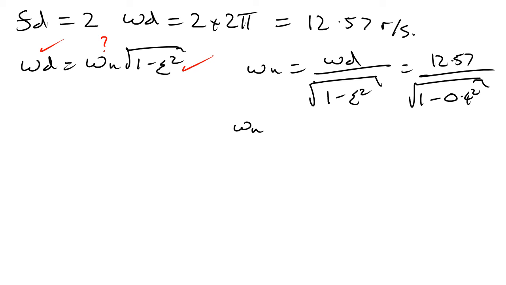So my omega n I calculate out to be 13.71, and again this is greater than my damped frequency, so I should be on the right lines. If it was less, then I'd be worried.